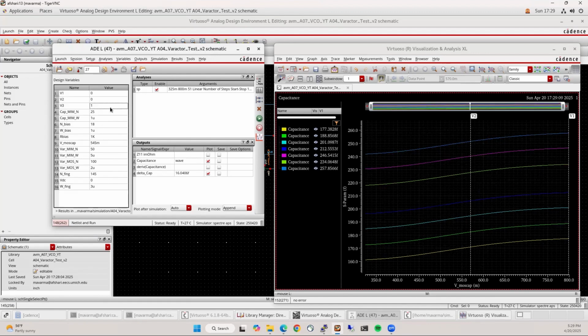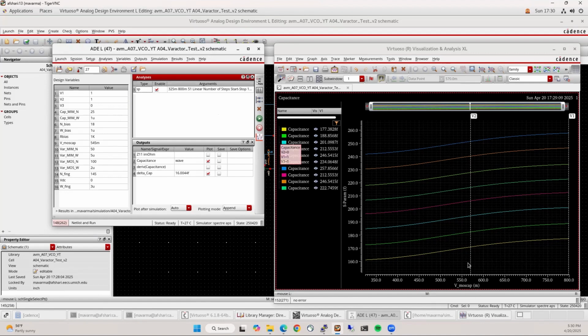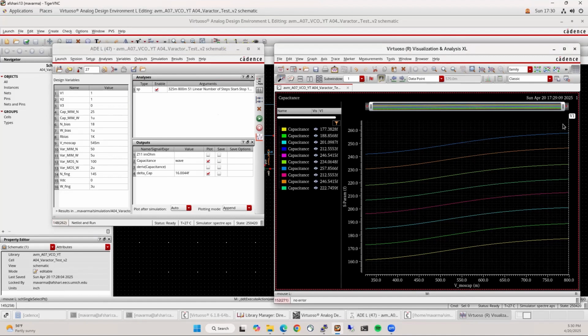Did I miss this one? No. That's 110. Did this. Yeah, there we go. Okay, so let's see if there's any overlap that's missing.